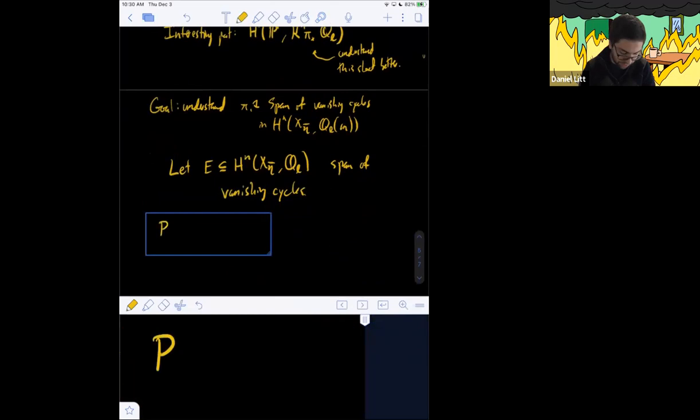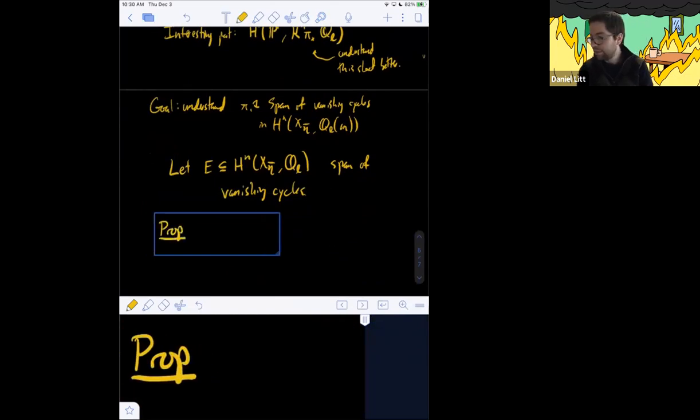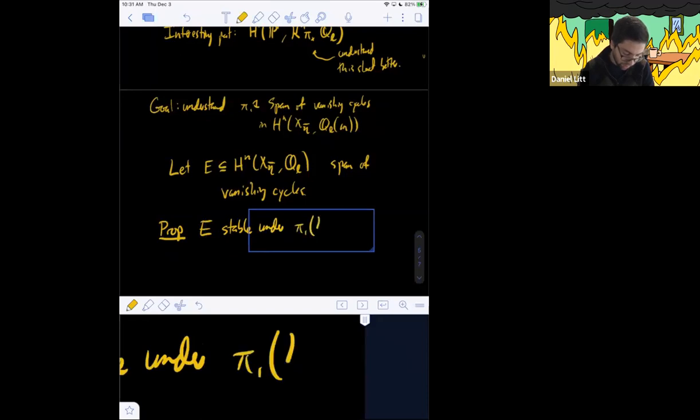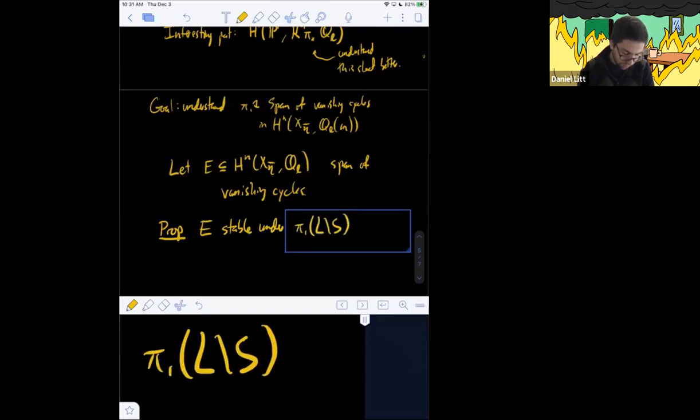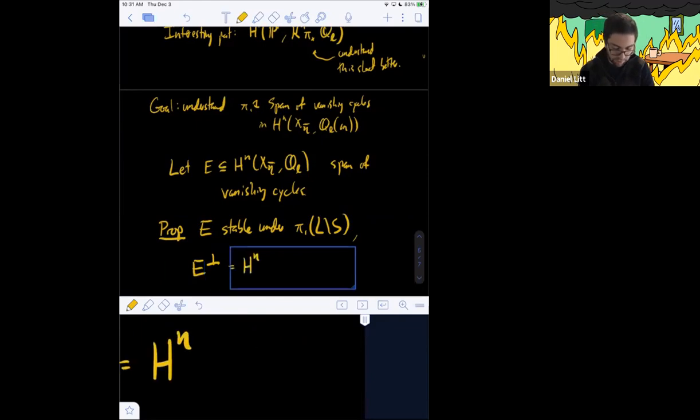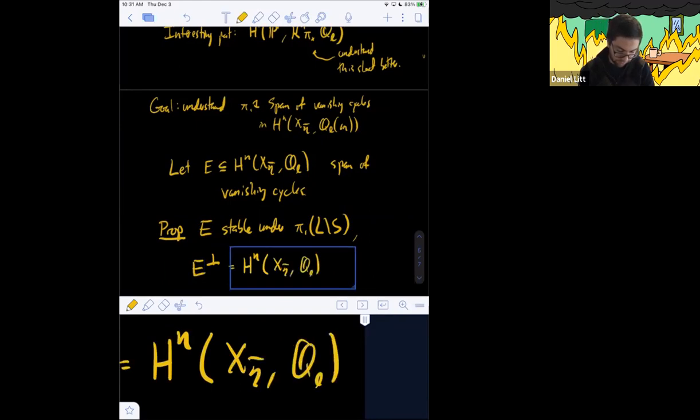So the proposition is that E is stable under the action of pi1, and the orthogonal complement to E under the cup product pairing coming from the Poincare duality is precisely the part of Hn x eta bar QL fixed by pi1.